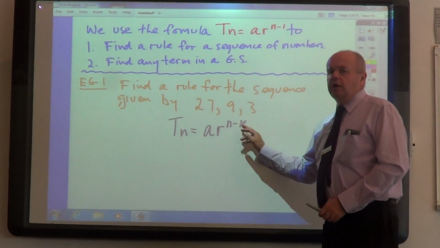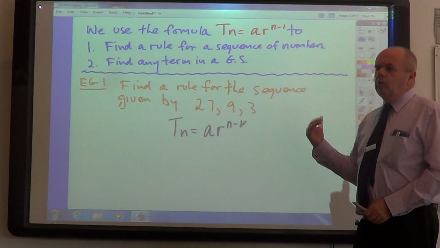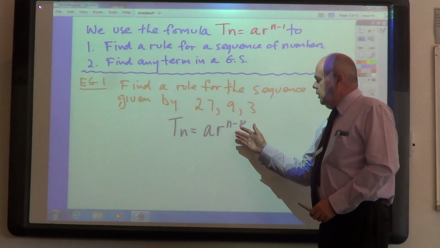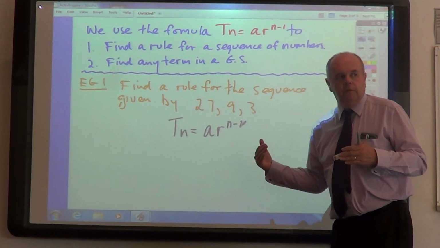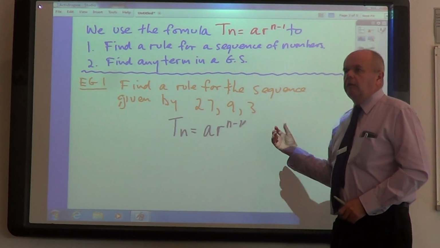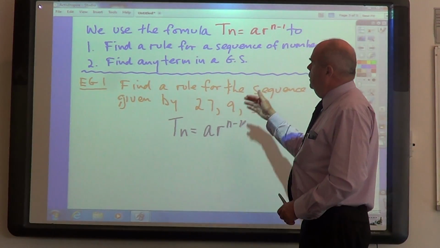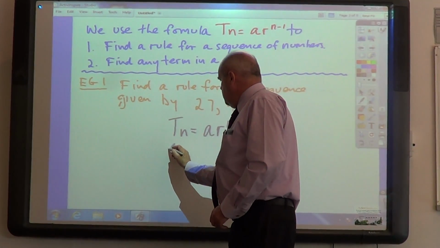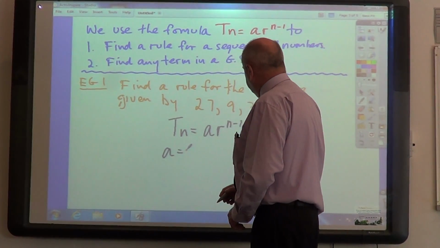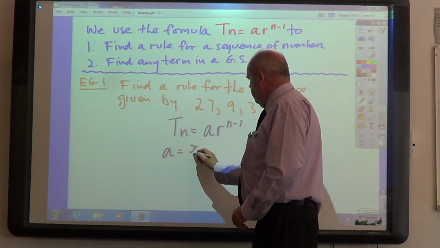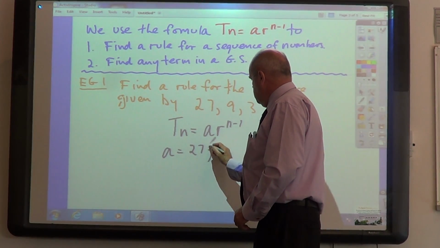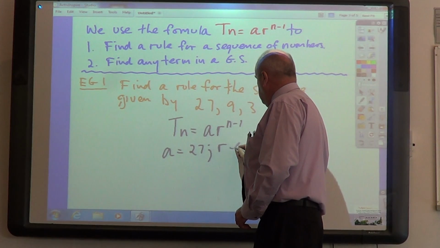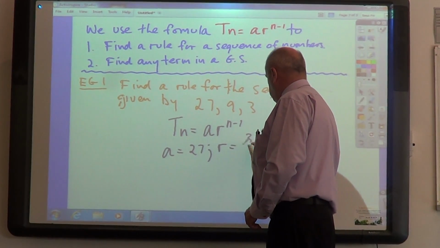Now the n is going to have to stay, because what we want is a rule that's going to enable us to find any term in the sequence. Then we substitute a value for n in the second example I'll show you in a minute. So having got our parent formula down, we note down the values of the pronumerals of interest. A is 27, R is a third.